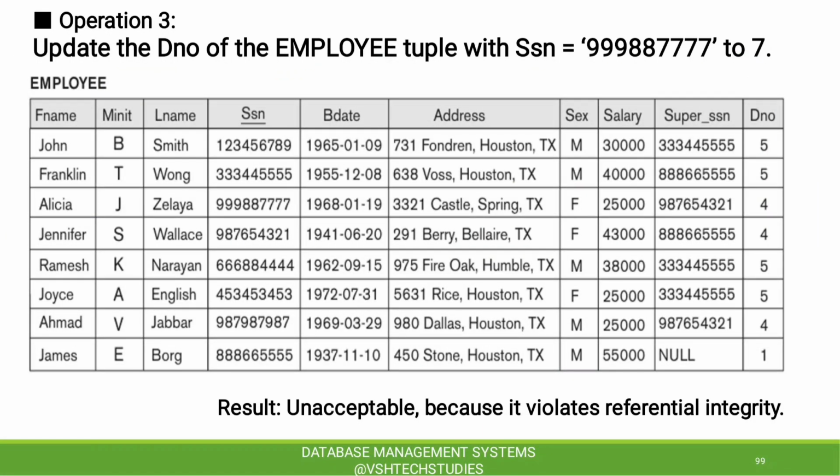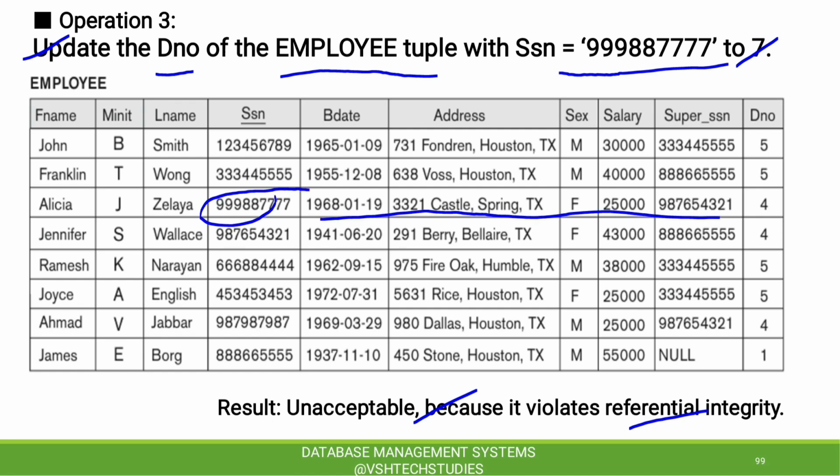Next, taking the third update operation, that is, update DNO of the employee tuple with SSN 999887777 to 7. This we have already discussed. This is not acceptable because it violates the referential integrity constraint. The SSN value is present in this tuple, and this DNO has to be changed from 4 to 7.